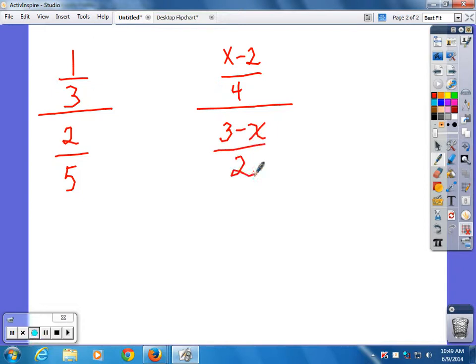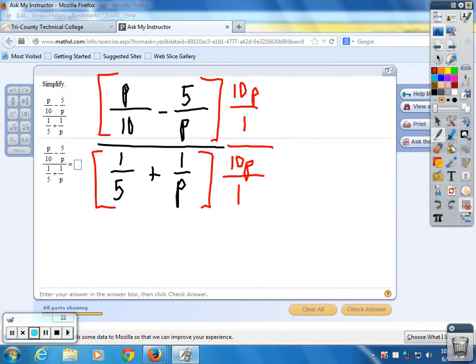All right? One term, one term. You can multiply by the reciprocal. This isn't the same animal. This is more complicated. This is two terms divided by two terms. When you got two terms divided by two terms, you're going to have to get a common denominator. Okay?